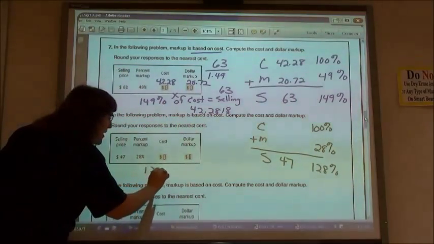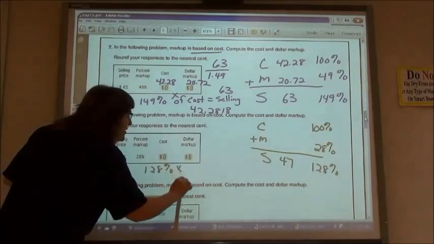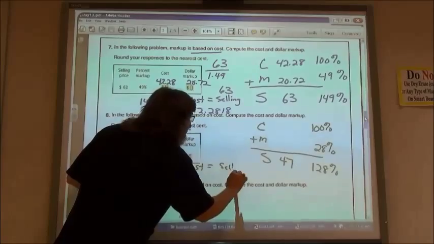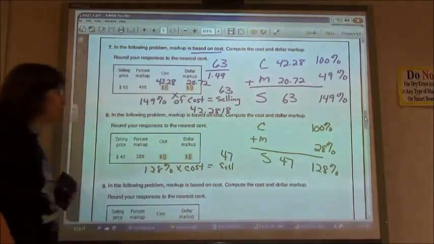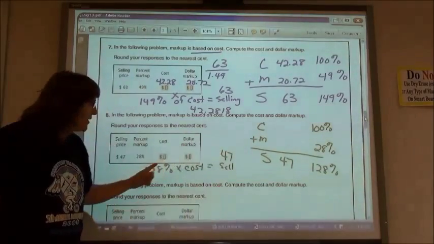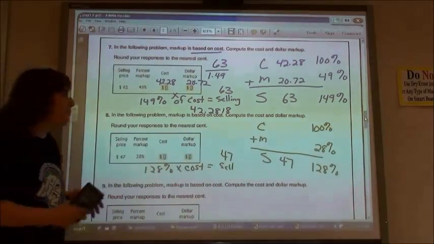So 128% times my cost is equal to my selling price, the $47. So again, in order to solve that, I'm going to take my selling price and divide it by that 128%.